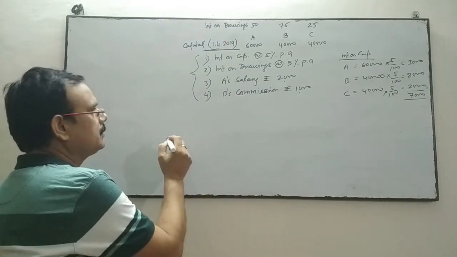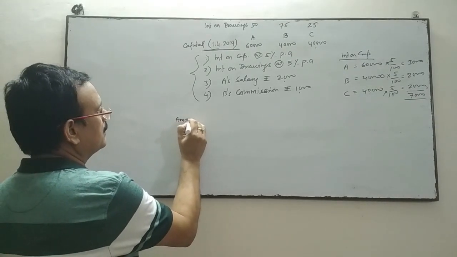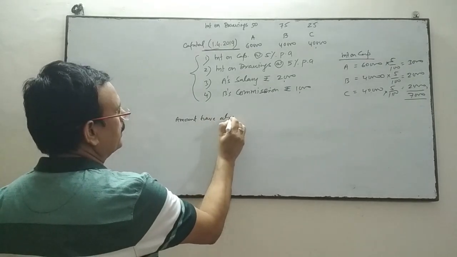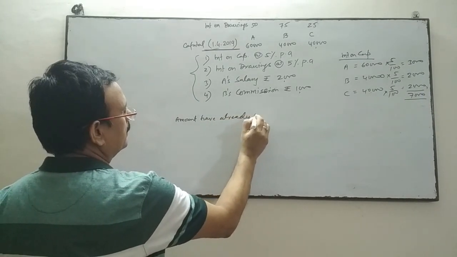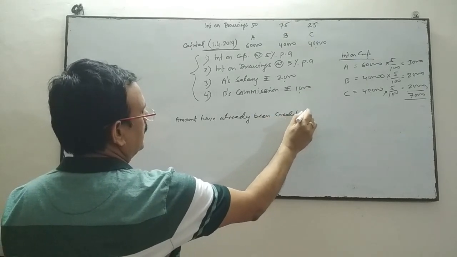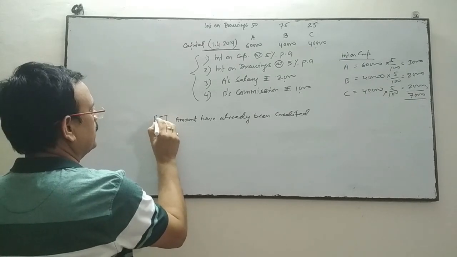So first of all, number one, the amount that has already been credited.